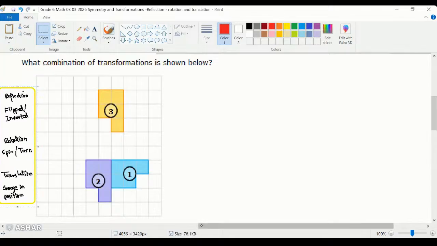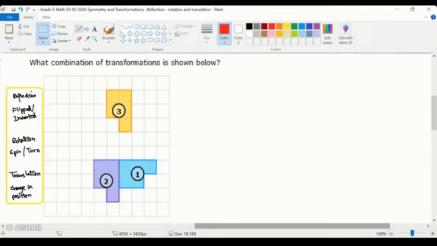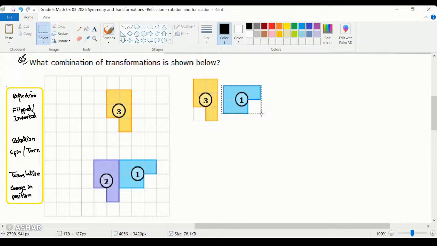We know that from shape number 1, when we move to shape number 2, let me separately copy them. Shape number 1 is moved to shape number 2. Okay. Can we say they both are mirror images of each other?